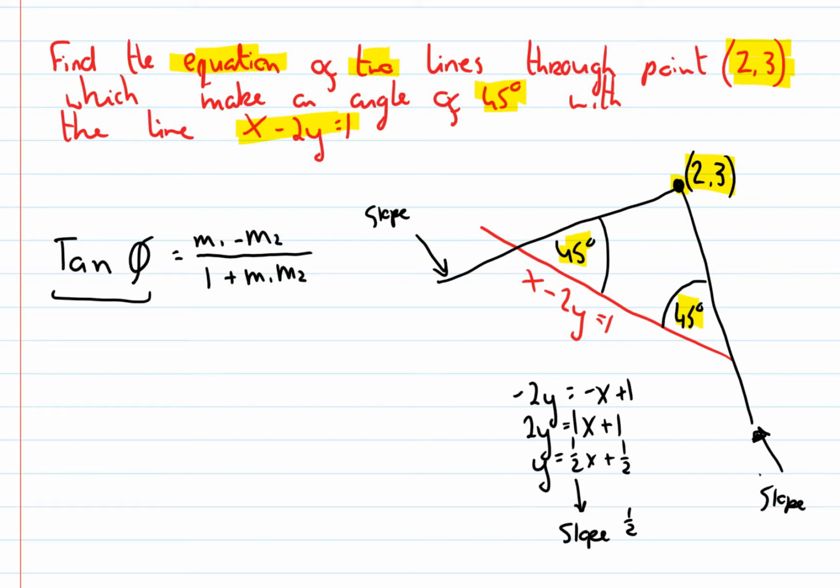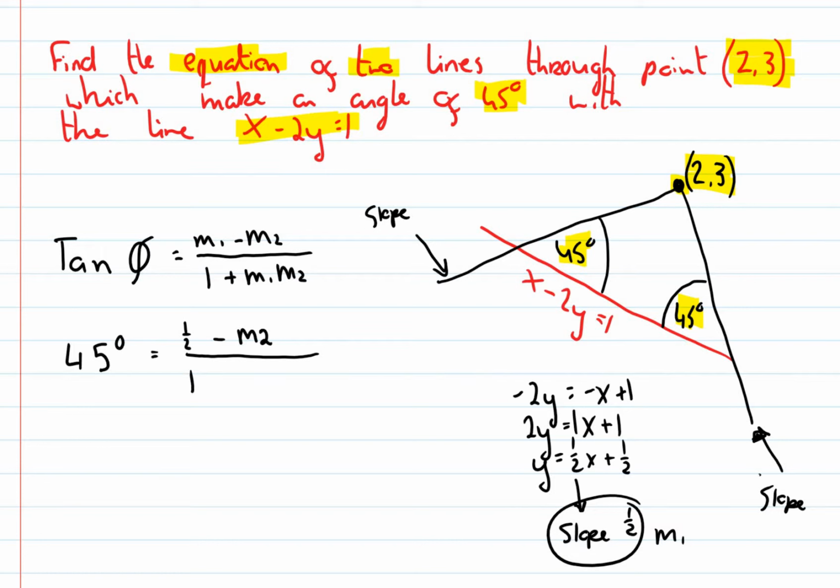I know what theta is, it's 45 degrees. I know what the slope m1 is, it's a half. Now I don't know the slope m2. I do know the 1, plus m1, which is a half again, multiplied by m2. Now look here, I have one equation and one unknown, m2. That's the only thing I don't know. I should be able to solve that.